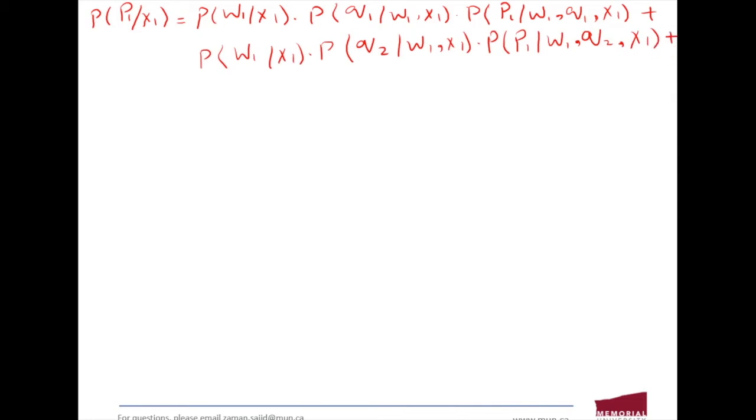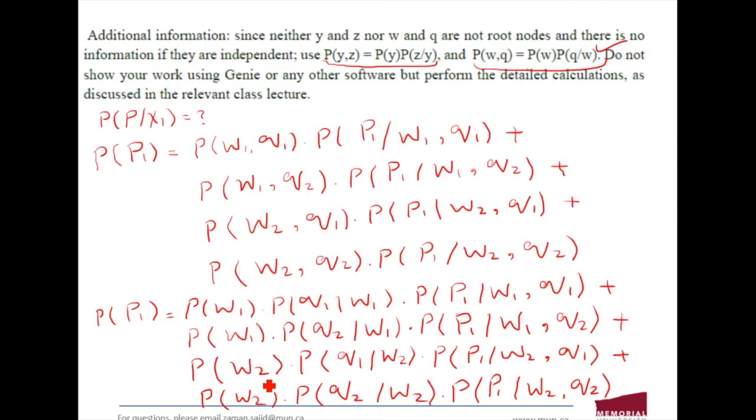Plus, on the third term, if you allow me to go back here, it is with respect to W2 and Q1 given W2.